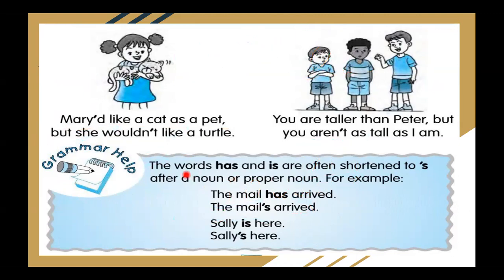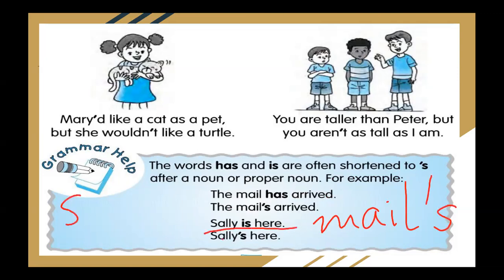Now see, the words has and is are often shortened to apostrophe s after a noun or a proper noun. For example, the mail has arrived. So has becomes apostrophe s. Sally is here.